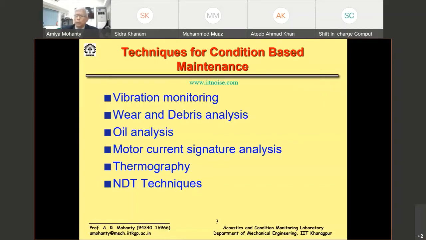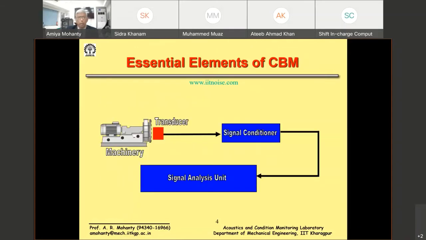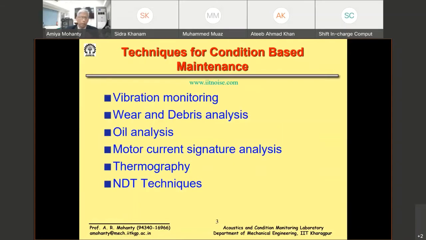So if the shaft has an unbalance, a misalignment, or a crack, the vibration response at the bearings is going to change. So we will measure it with a vibration transducer. I'll come back to that vibration transducer just in a little bit.